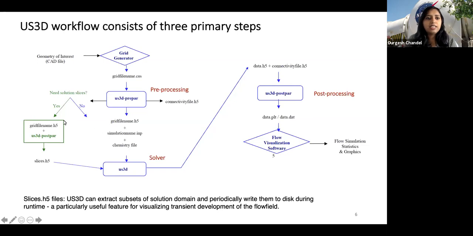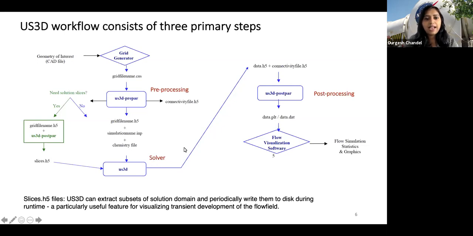An additional feature is that you can also extract slices from the computational domain during runtime. For example, if you are running a full trajectory of a space vehicle, you can keep extracting the solution on a slice of the computational domain to track the transient growth of the flow evolution.